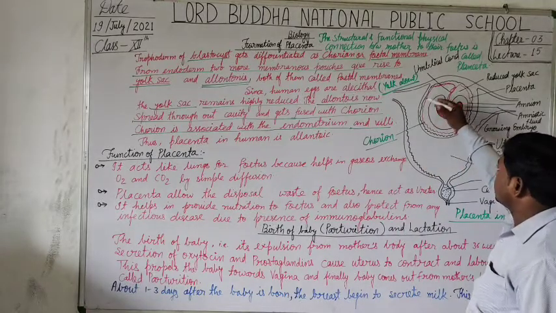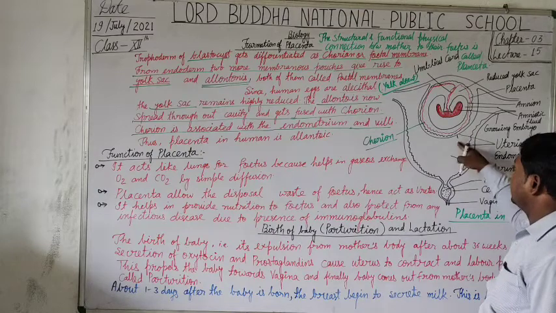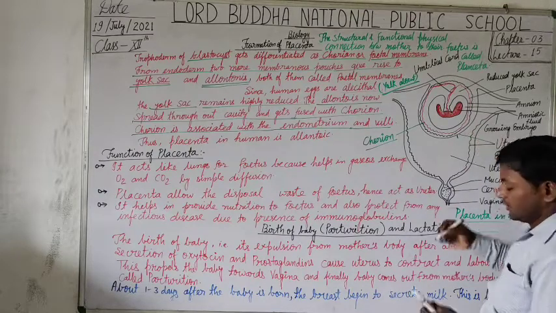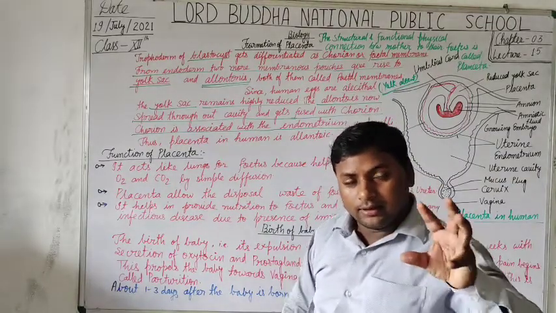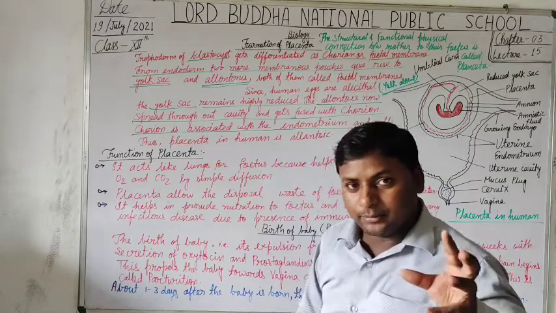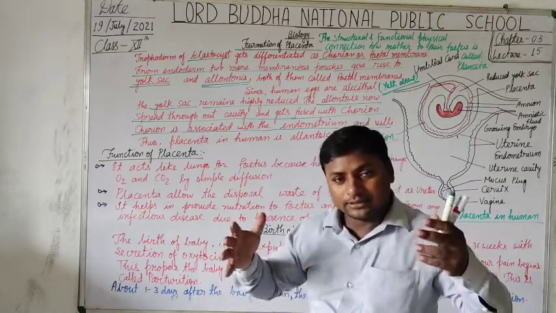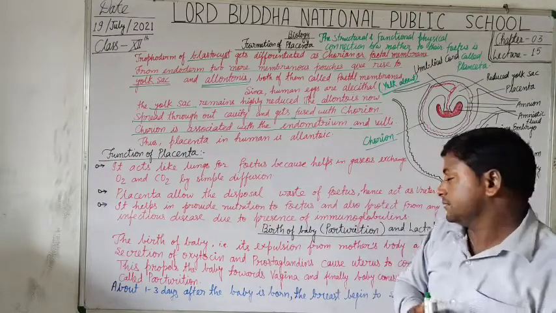This is the endometrium, and the villi, the structures that are present throughout the placental membrane, help in implantation of the embryo inside the uterus.